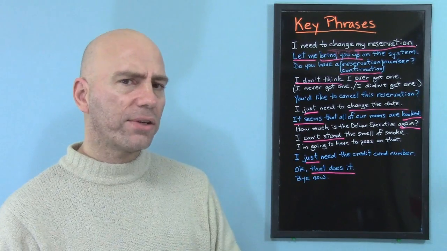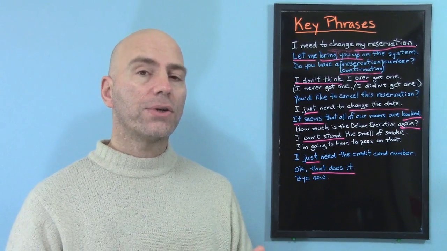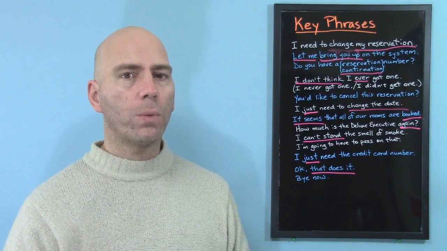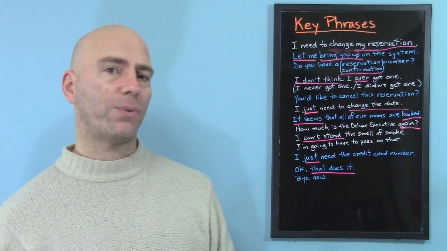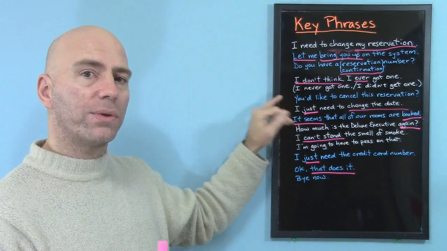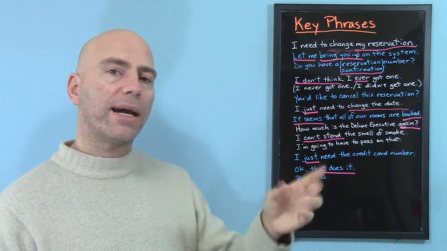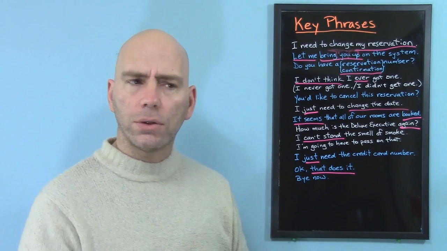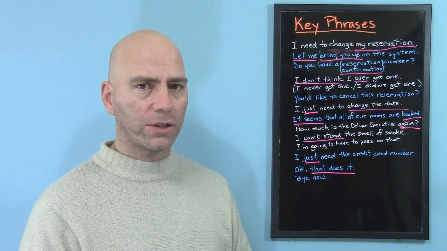"So you'd like to cancel this reservation?" So he made a mistake. The customer said, no, I only want to change the reservation. But at the time he was asking this question, Pierre was thinking, oh, he wants to cancel.